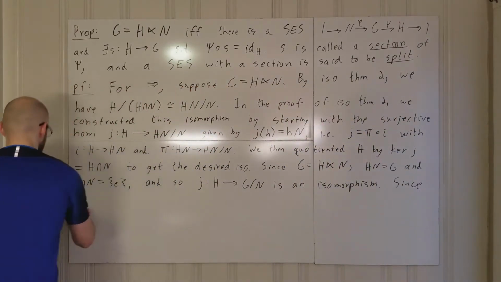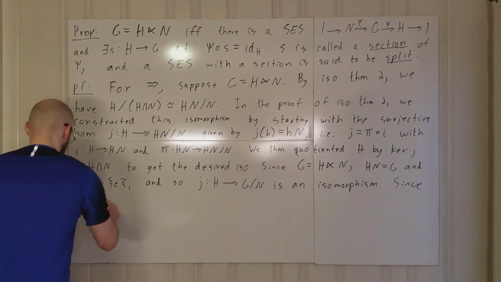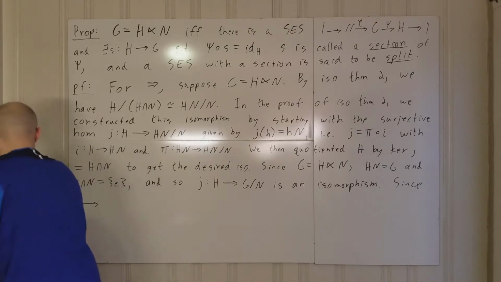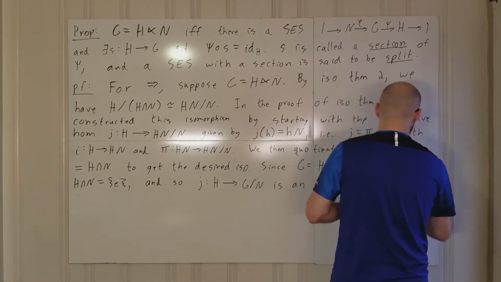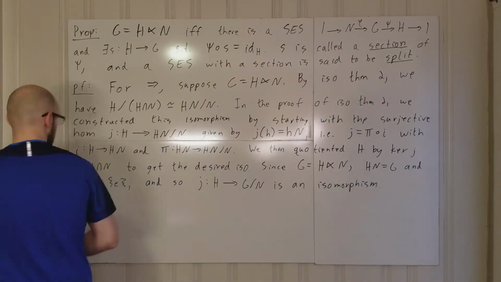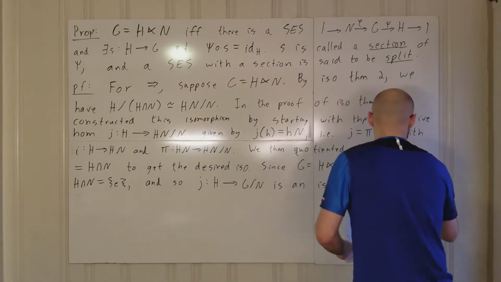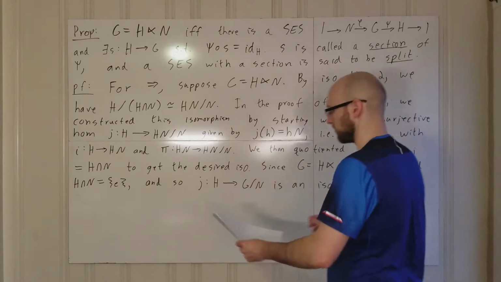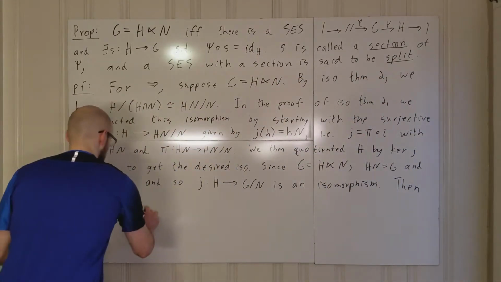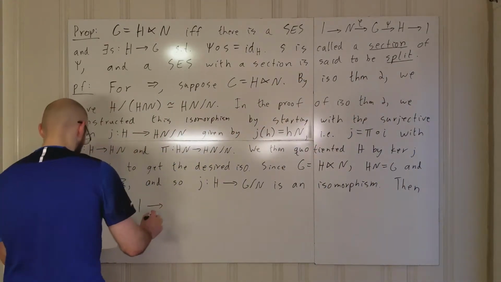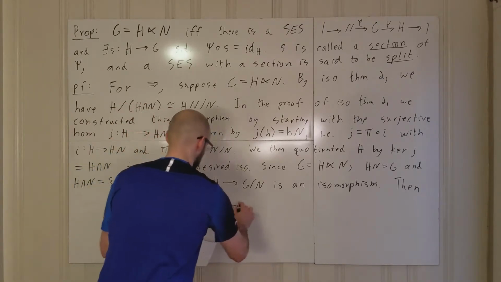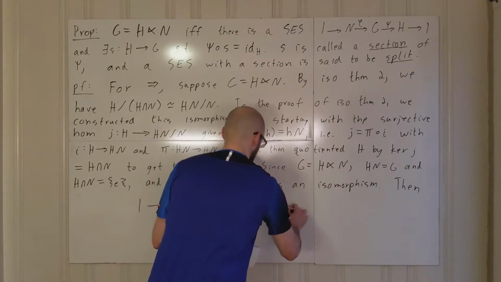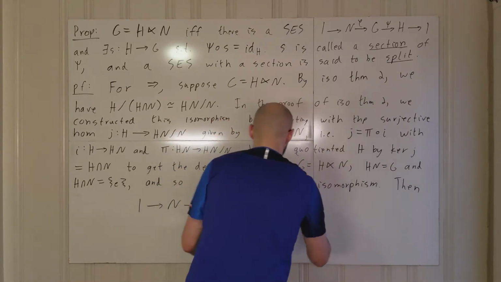Okay, so I'm going to write this out, and then I'm going to draw a picture which is going to explain what's going on. So we've got 1 going to N, going to G, going to G mod N, going to 1.